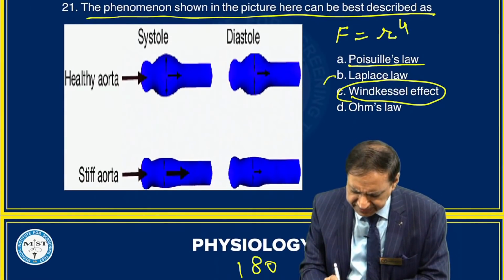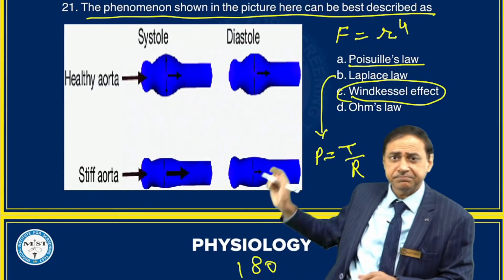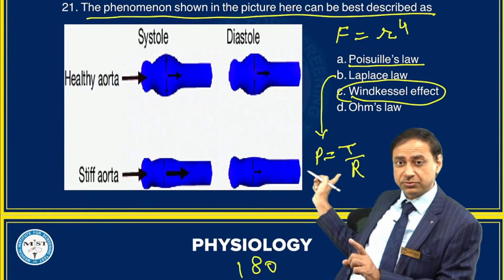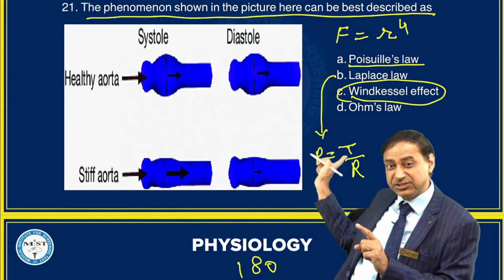Laplace law is something else. Laplace law says that P is equal to T by R. Pressure is equal to tension by radius.